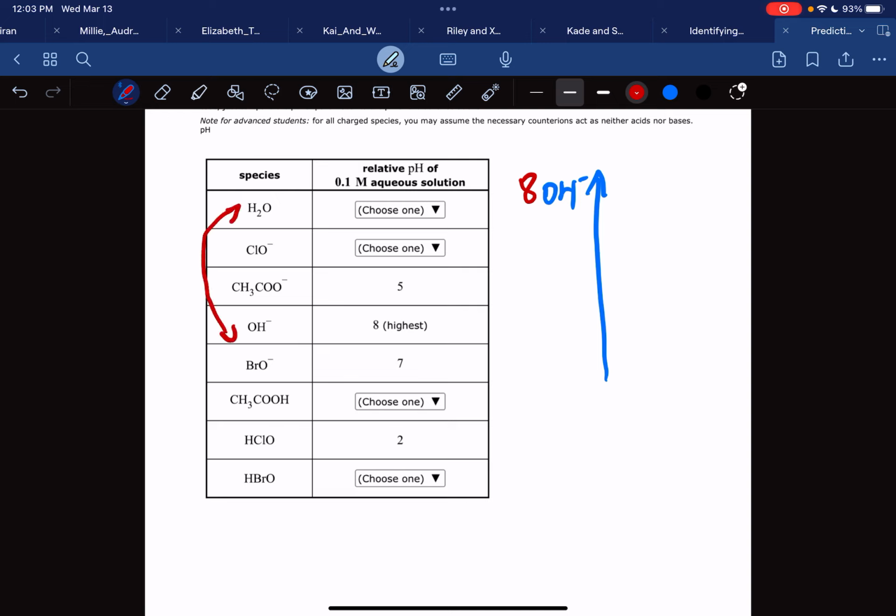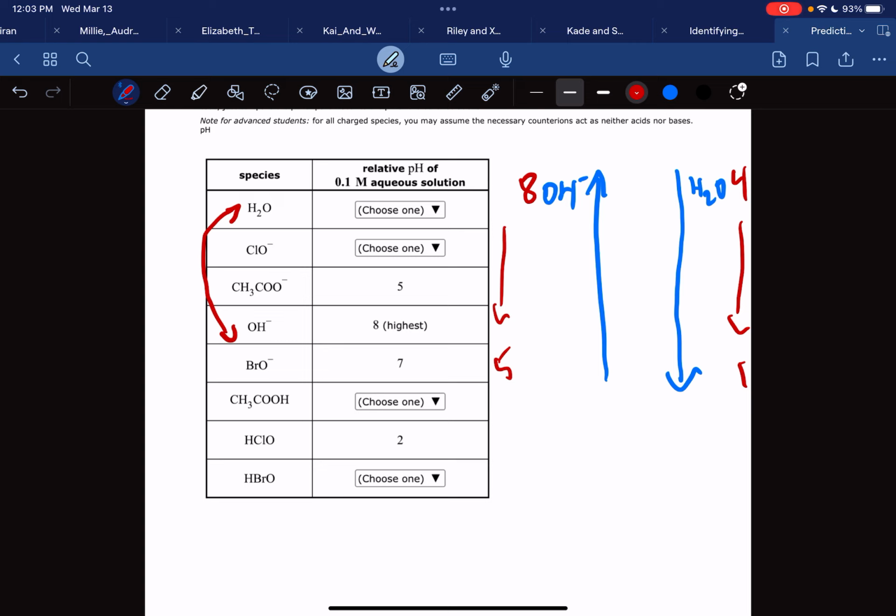So if we look over here, the opposite is happening. Whatever our strongest base is, that's going to be our weakest acid, which is going to be H2O. And remember, H2O can actually be considered an acid, but it's not going to be very strong. Because this side goes from 8 down to 5, here we're going to start at 4 and go down to 1. So H2O is a 4, OH is an 8.